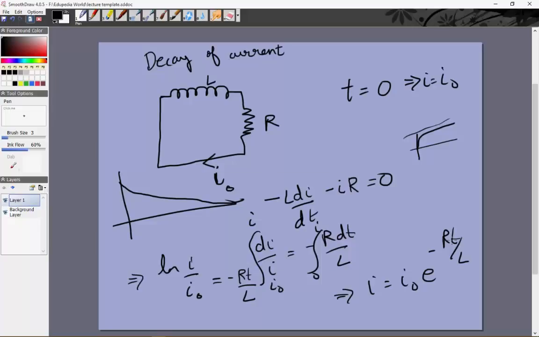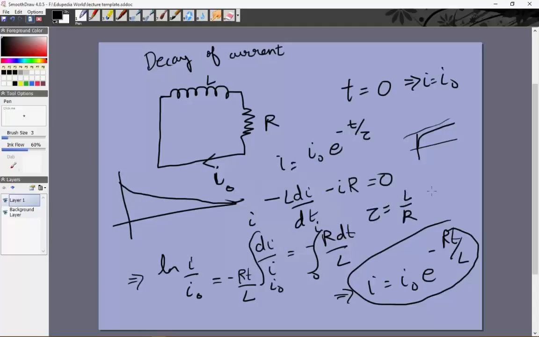Right. By the way, this term and the previous term are sometimes written in the form of I is equal to I naught e to the power minus t by tau. Tau then is equal to L by R, and it is called the time constant. We saw a time constant RC when we were talking about RC circuits, that is a resistor and a capacitor.